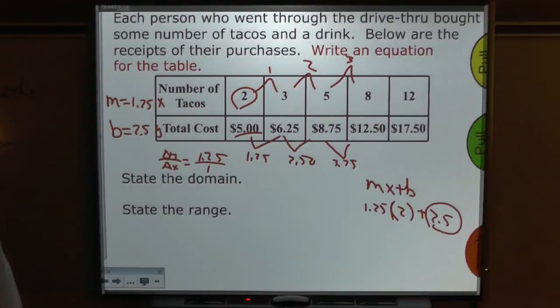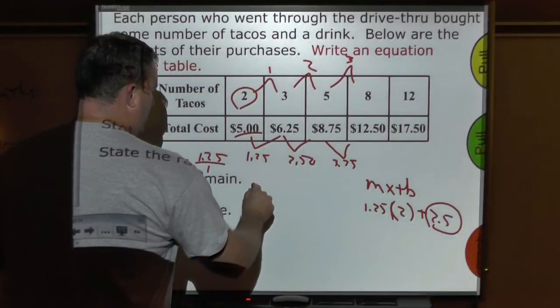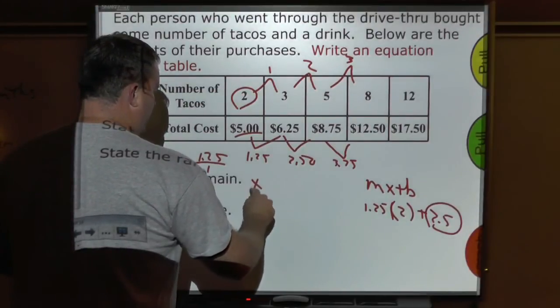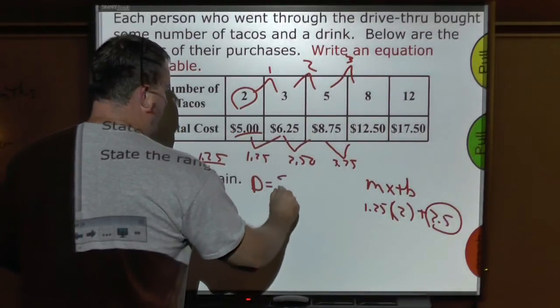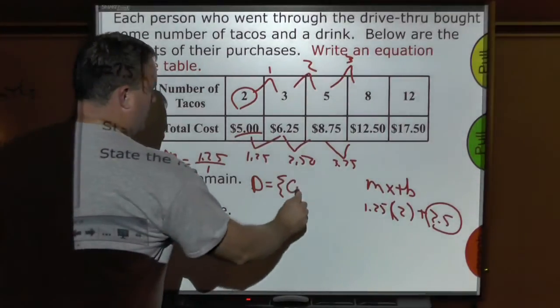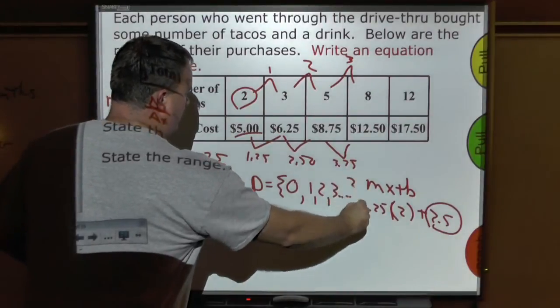So, I want you to state the domain for this situation. All right? So as you look at this, is this discrete or is this continuous? When we talk about the situation, can you buy half a taco? No. We do not buy half a taco. So as we look at this, when you start to name your domain, your value of x, one of the ways you can write it, and I'll show you another way in a second: no tacos, 1 taco, 2 tacos, 3 tacos, so on and so forth.